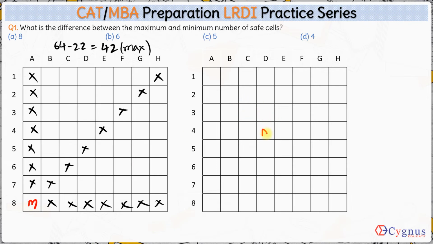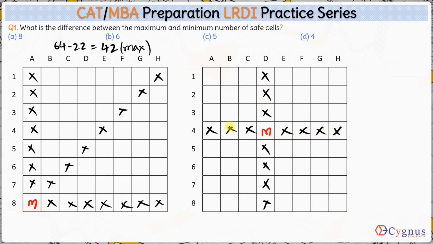If the mine is somewhere in the middle, these are the four middle blocks here. There is no single middle block. There are four middle cells. So you can place the mine in any of these four cells. The number of unsafe cells will be the same. If the mine is placed here, the column cells will be unsafe. The row cells will be unsafe, right?